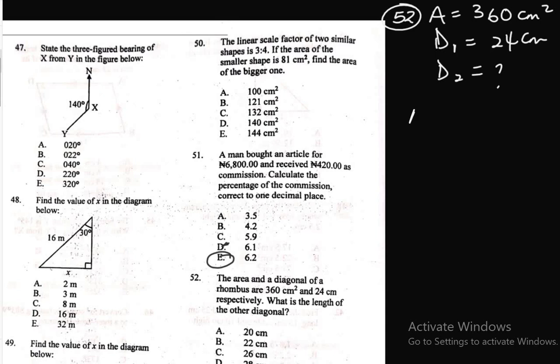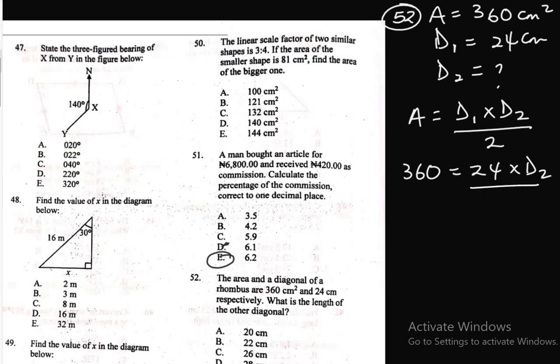Okay, so area of a rhombus is the product of diagonals, D1, first diagonal, times D2, second diagonal, divided by 2. So the area was given as 360, use it to replace the A. Equal to D1 was given 24 centimeters, but D2 was not given, and this is over 2.